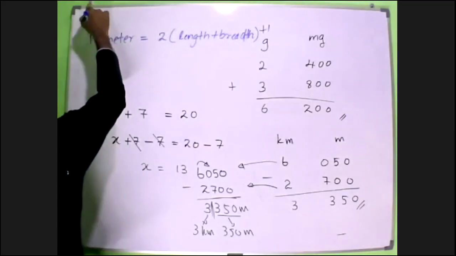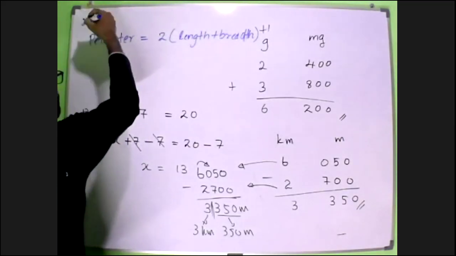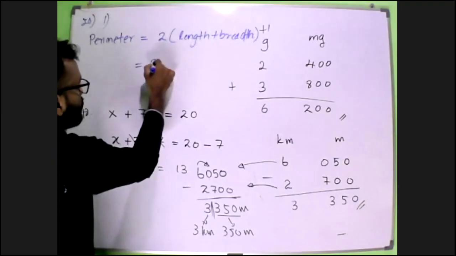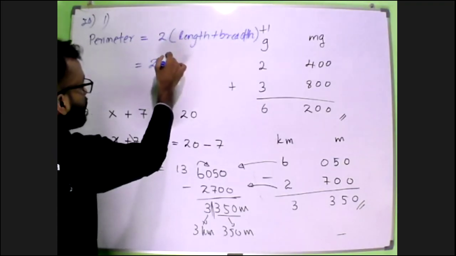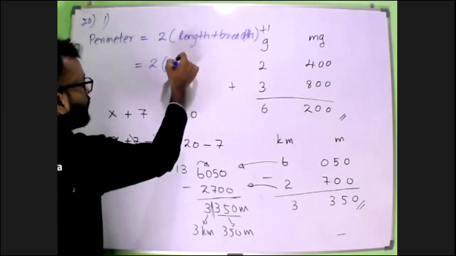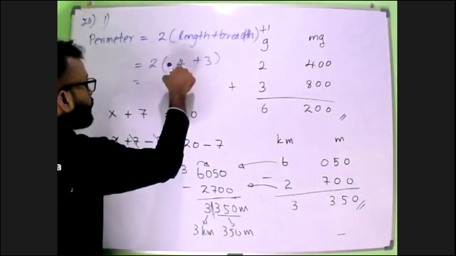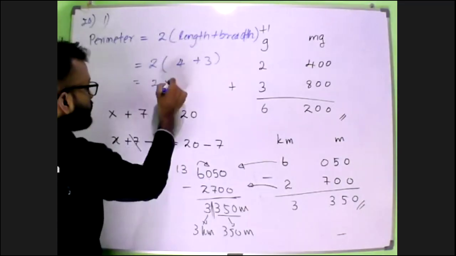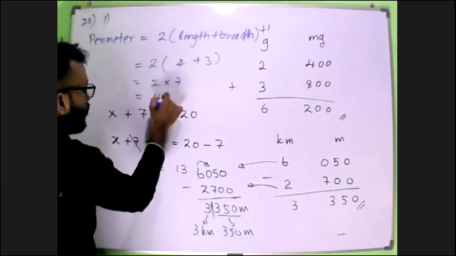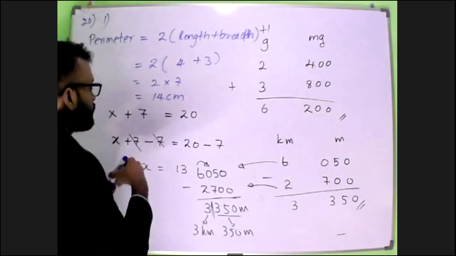So this is the 20th one, part 1. 2 times length, 4 plus 3, 7. 2 times 7, 14 centimeters.